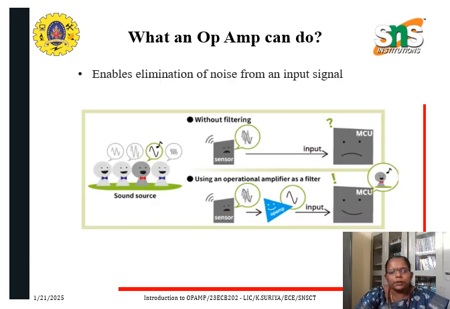The next function of an op-amp is that it enables the elimination of noise from an input signal. By operating as a filter of input signals, the operational amplifier circuit is able to extract the signal with the target frequency.